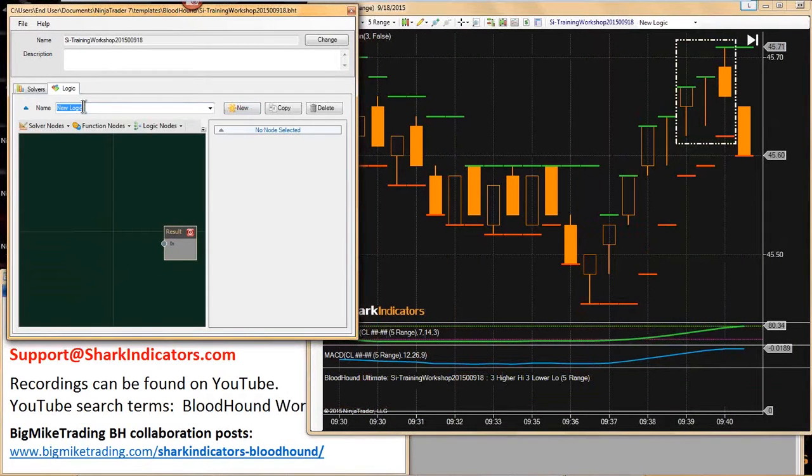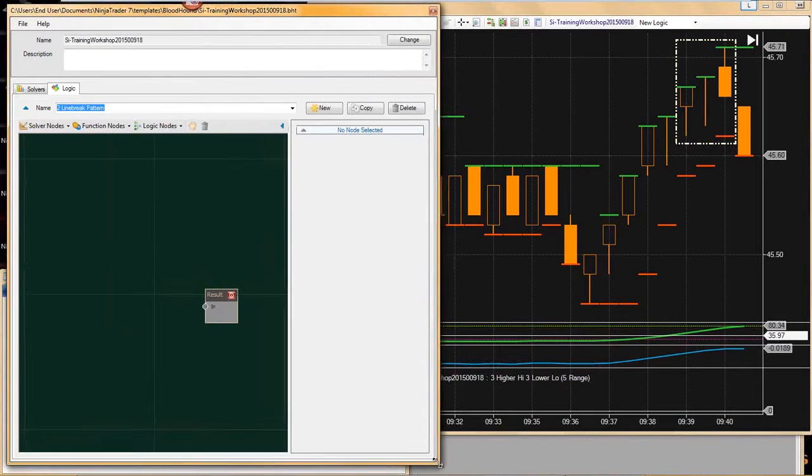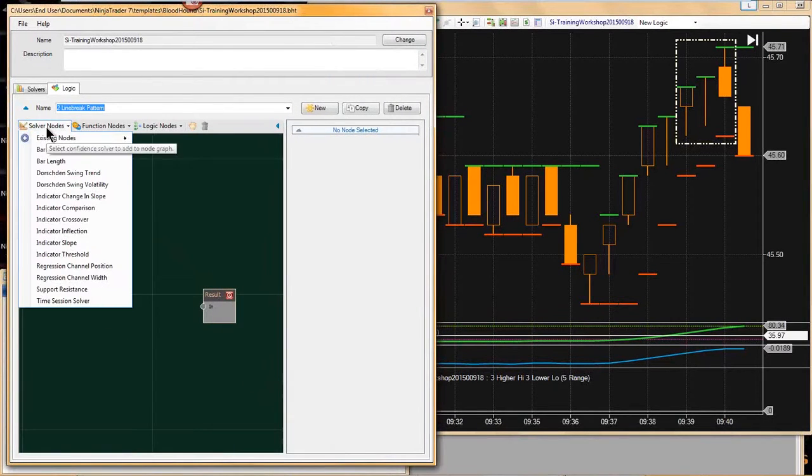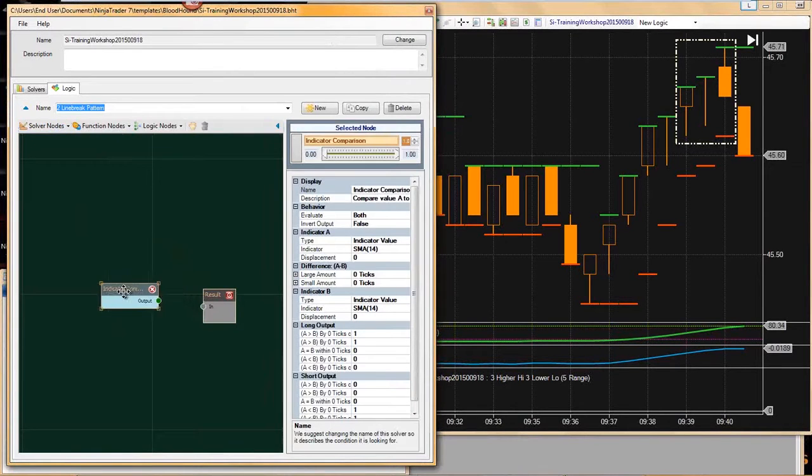All right, so we'll name this 3 line break pattern here. Let's put a comparison solver on here.